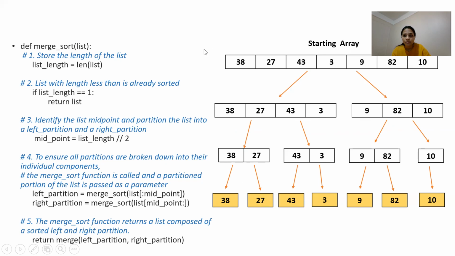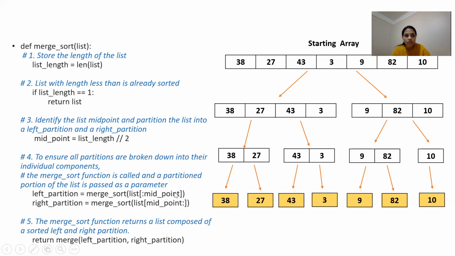Same from here, if you compare the whole list, 38, 27, 43, 3 is my left partition, and 9, 82, and 10 is my right partition. Once I divide it, I'm going to call the merge function that I'll explain in the next slide. I'm going to merge my left partition and right partition. That is where the merging technique happens.